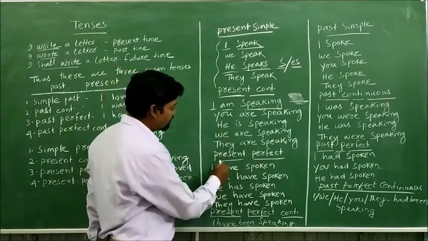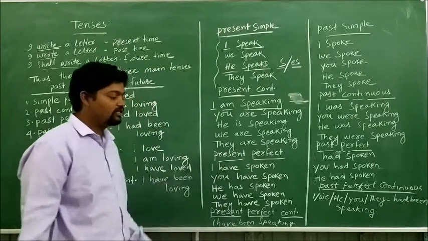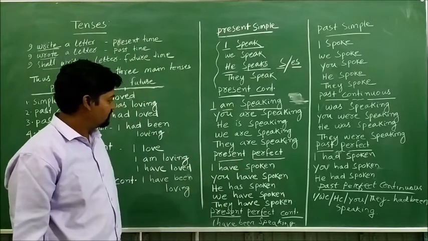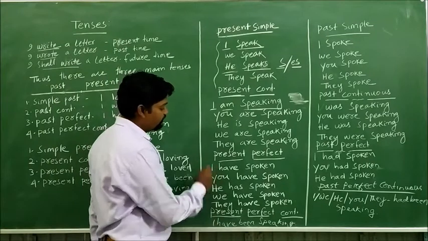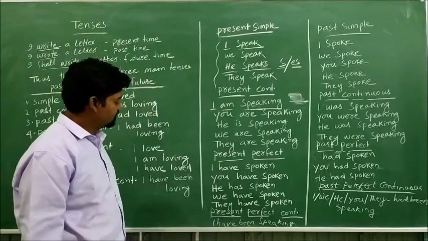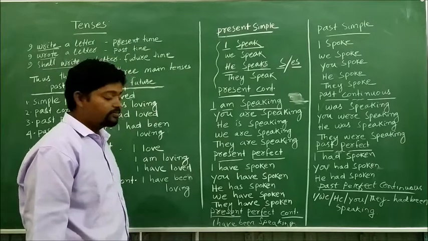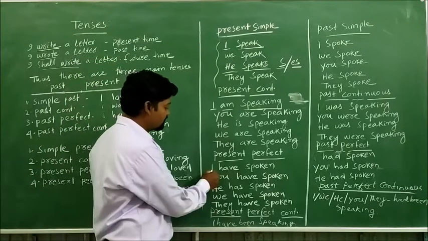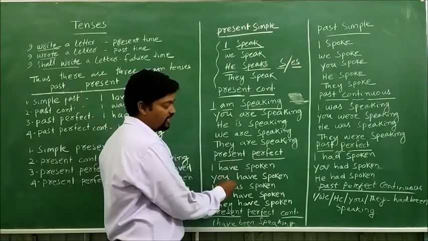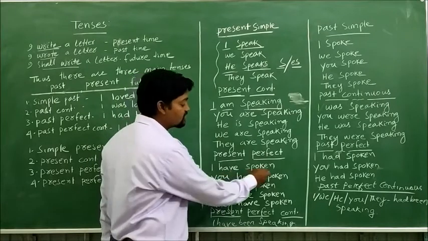So let's see present perfect tense. Dear students, the structure of the present perfect tense is subject plus has or have plus V3.